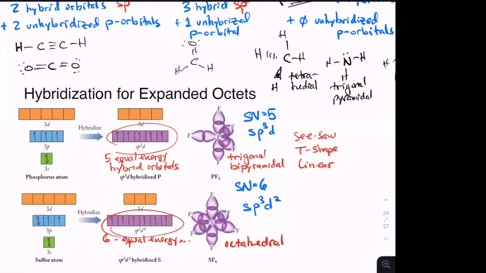And we looked at the different shapes that you would get if you only had 5 of those 6 orbitals bonded to atoms. If it's 5, that would be the square pyramid shape. And if you have only 4 of the 6 bonded to atoms, that would give you the square planar shape. And that's pretty much where we left it off. Okay, so this model actually explains hypervalency.